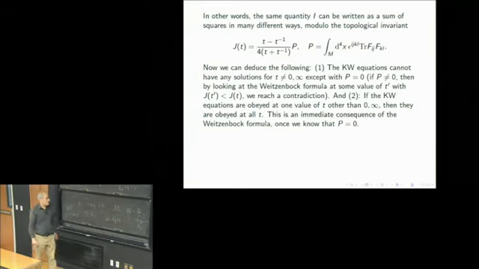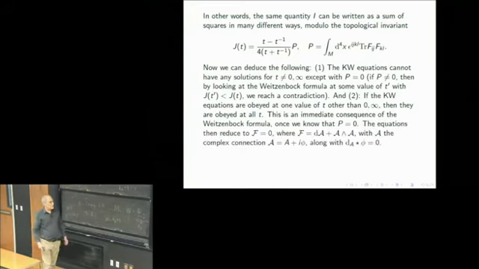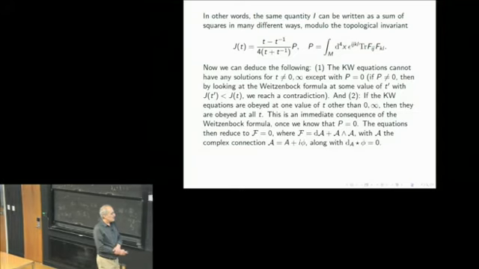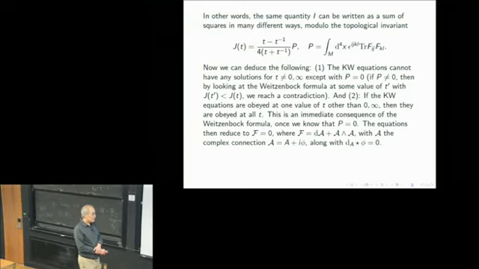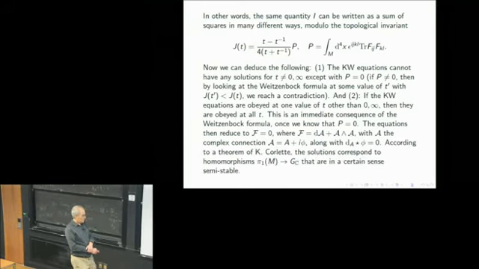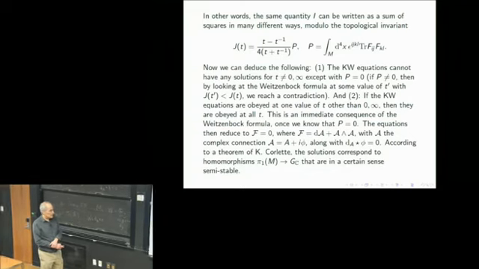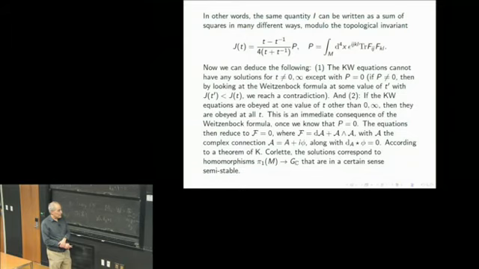Now, knowing the equations are true for all t gives you a simple answer. Then the equations can be written more simply by saying that if you form the complex connection A plus i phi, then it's flat. And it also obeys a kind of moment map condition, d_A star phi equals 0. According to a theorem of Kevin-Corlette, the solutions correspond to homomorphisms from pi 1 of M to the complex Lie group that are in a certain sense semi-stable.